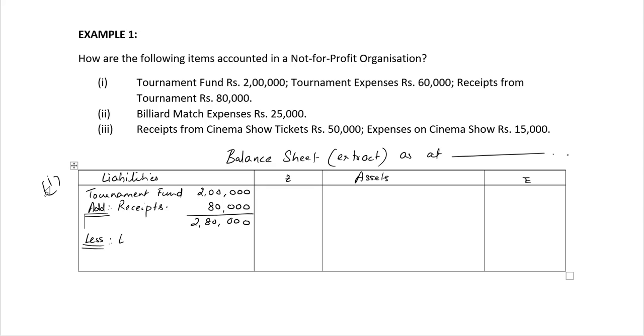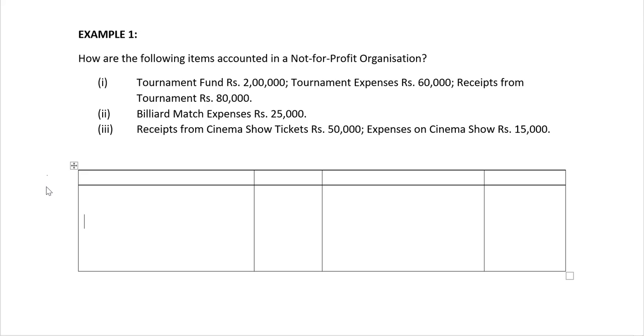So less expenses, 60,000 rupees. And the amount in the outer column, 2,20,000 rupees. So this is the answer for the first question.